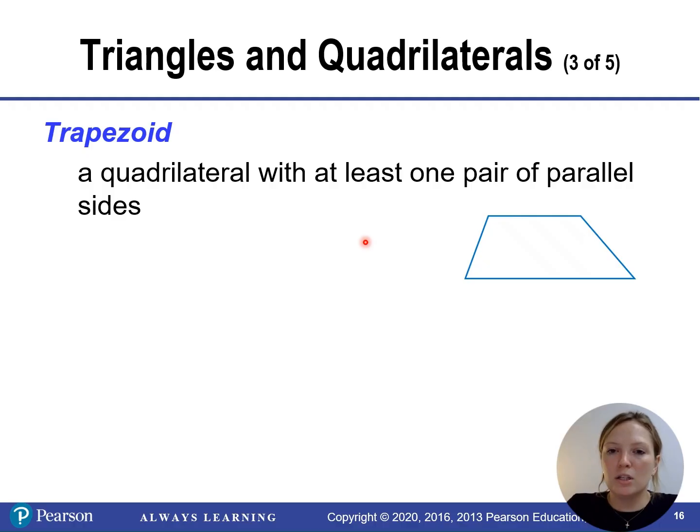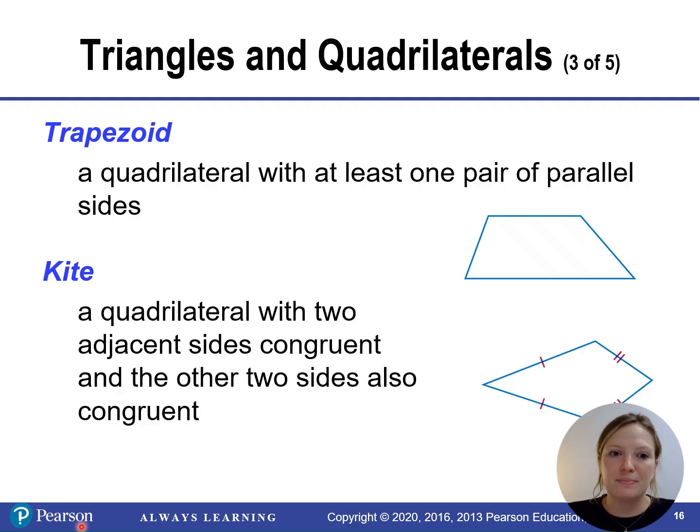Okay, moving on to quadrilaterals, one type of special quadrilateral we will discuss is called a trapezoid. A trapezoid is a quadrilateral that has at least 1 pair of parallel sides. You can see in this shape that the top and the bottom are parallel to each other. Another special type of quadrilateral is a kite. A kite is a quadrilateral where 2 adjacent sides are congruent and the other 2 adjacent sides are congruent.